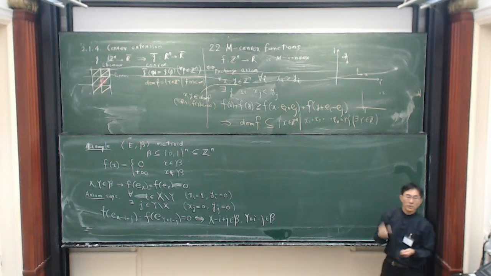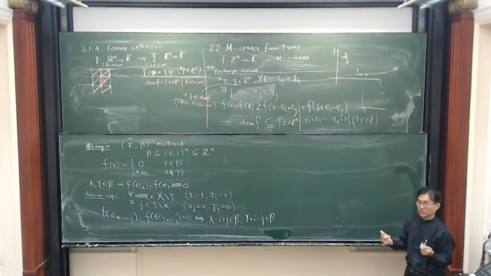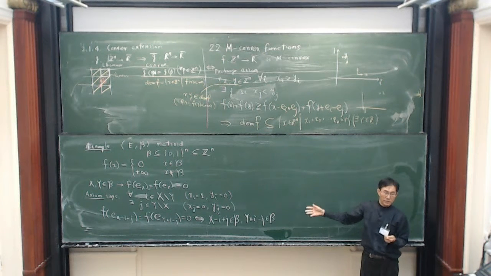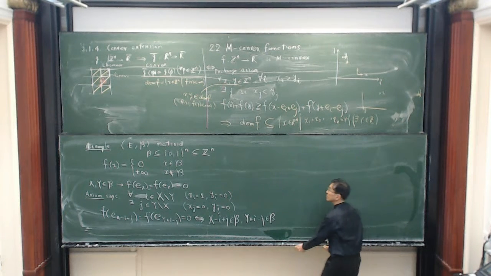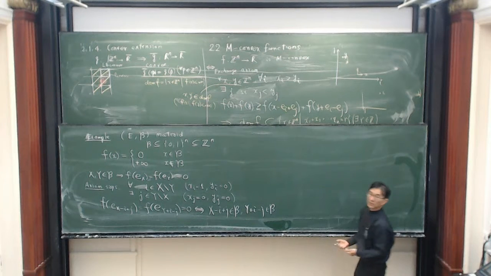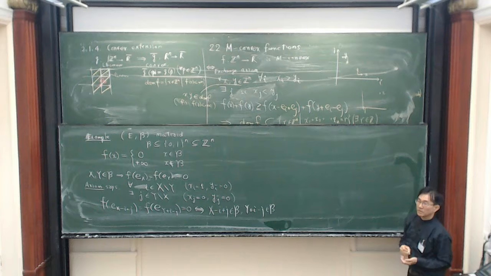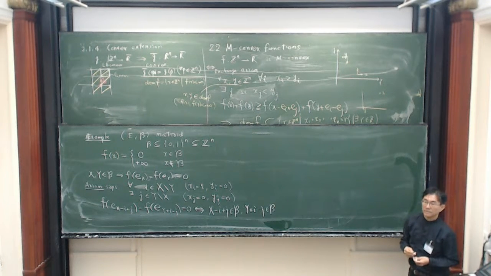Yesterday I mentioned three kinds of exchange axioms, and this is the third form, simultaneous exchange. So this is how a matroid is related to this concept. Okay, thank you. Is it okay?